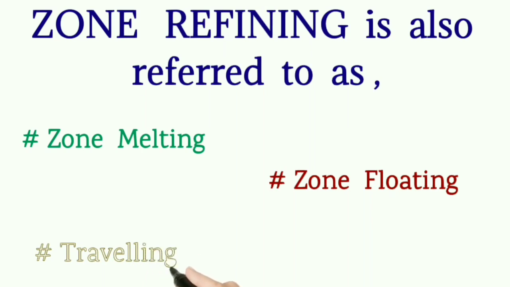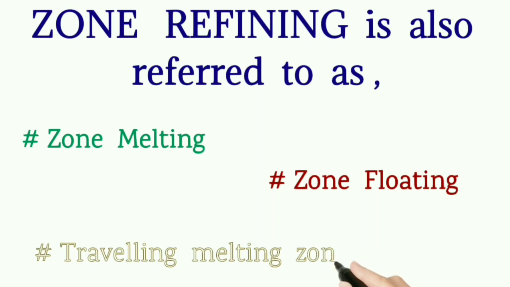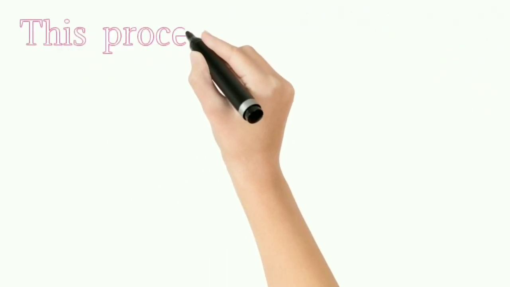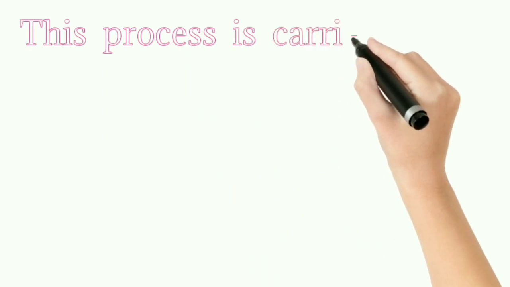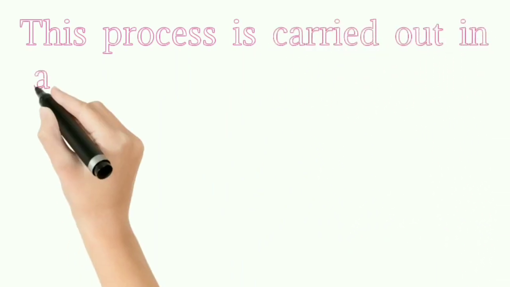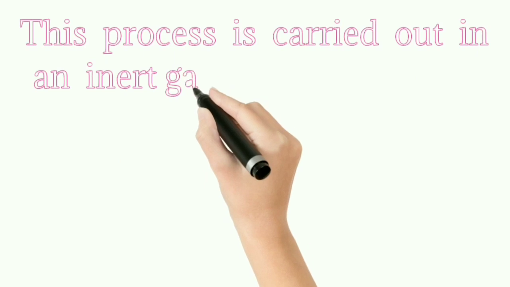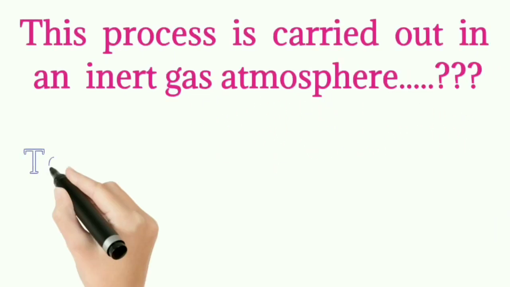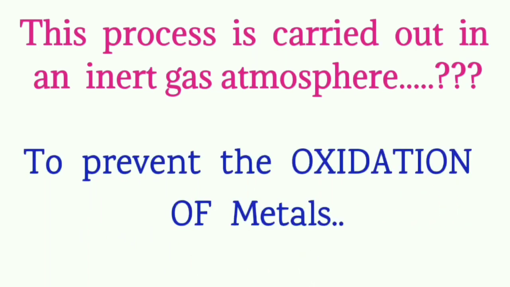Traveling melting, because the heater is traveling from left to right or from top to bottom. During zone refining, an important thing is that the process is carried out in an inert gas atmosphere. Why? Because it prevents the oxidation of the metals.